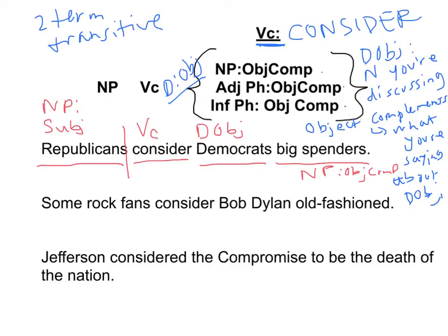Some rock fans consider Bob Dylan old-fashioned. Well, who is doing the action? Some rock fans. That's my noun phrase subject. They consider, VC. Who do they consider? What are they discussing? We're discussing Bob Dylan.